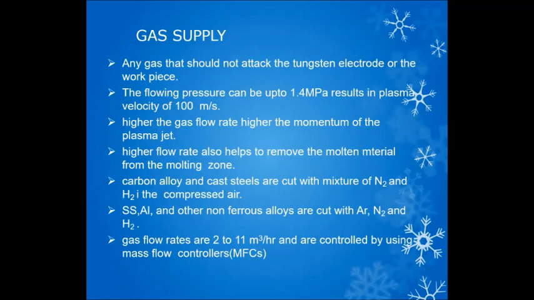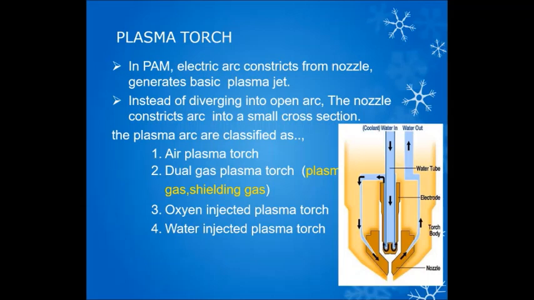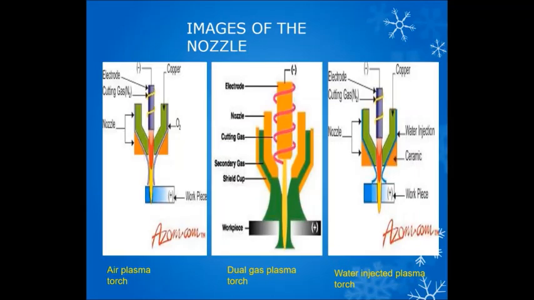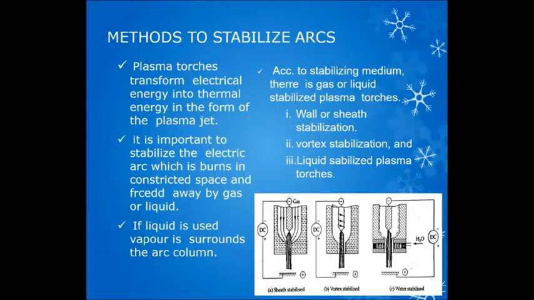So we can use gases appropriate to our operation. The slide indicates the various positions of the plasma arc, so we have to set up the torch as per our operation.